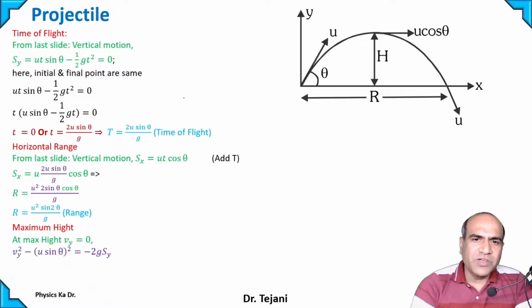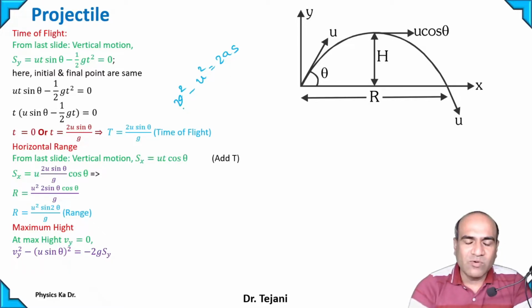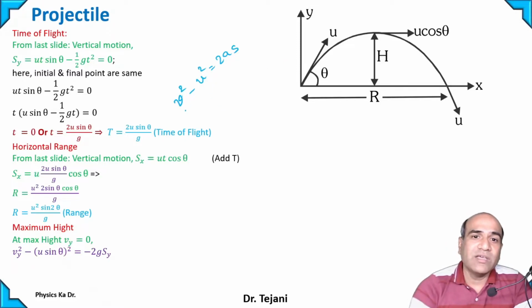So we have the equation v square minus u square is equal to 2as. For the vertical movement, we have Vy, and for the u, we have u sin theta, but here v becomes 0.